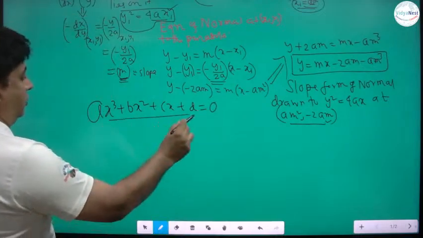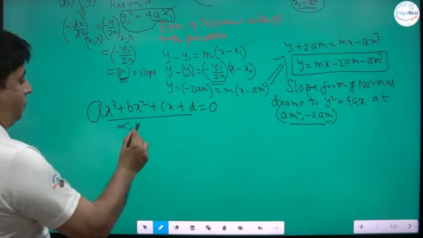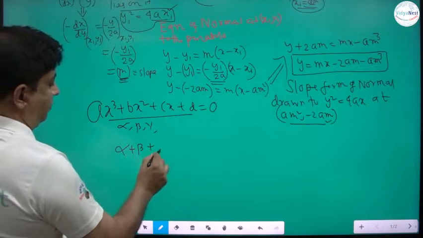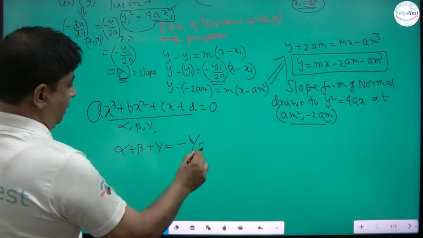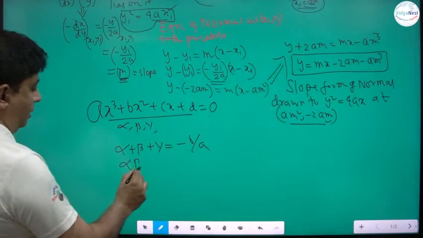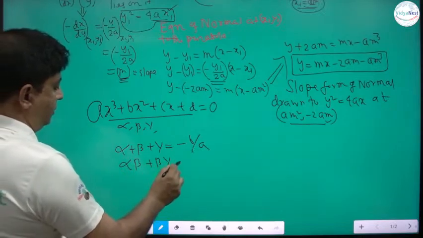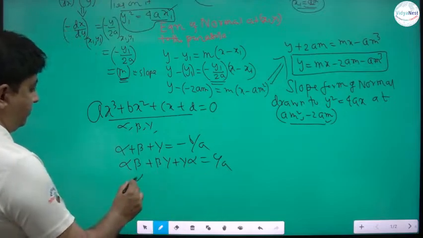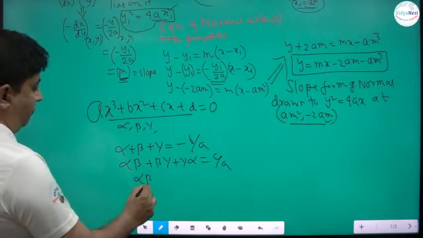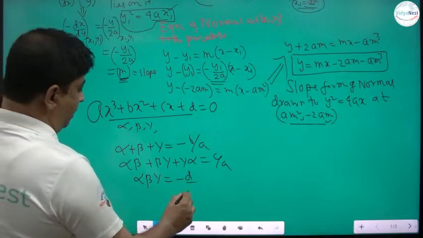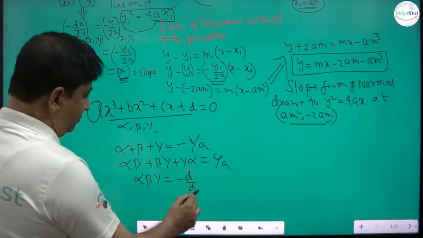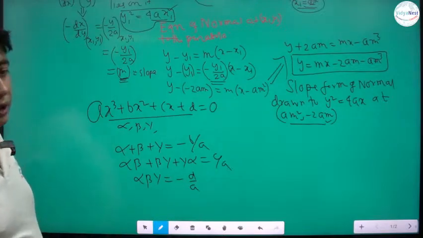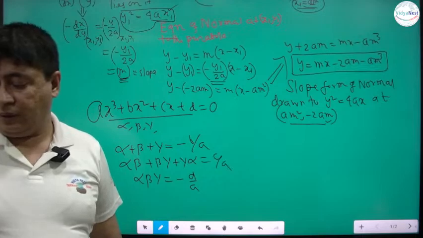It has three roots, alpha, beta, gamma. You know the property: alpha plus beta plus gamma is minus b by a, alpha beta plus beta gamma plus gamma alpha is c by a, and alpha beta gamma is minus d by a. So this relation you have to learn.